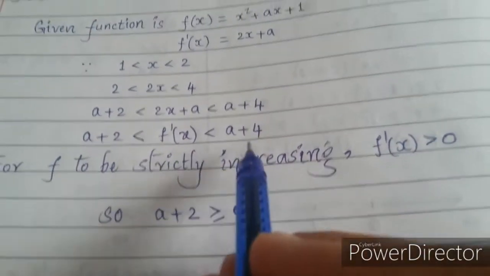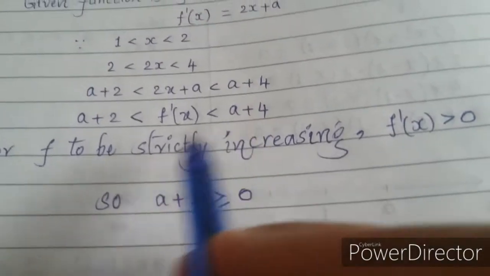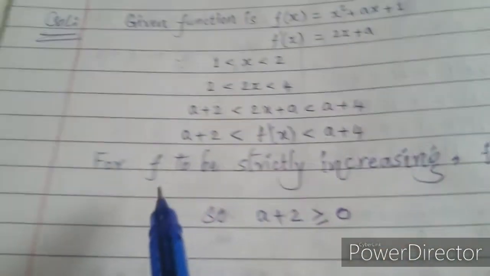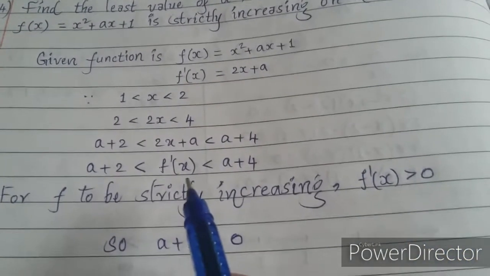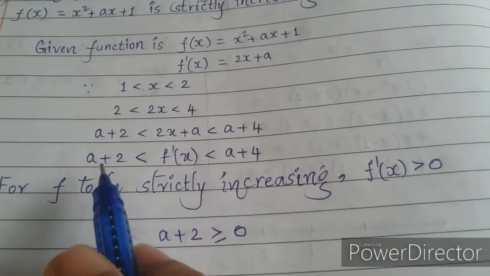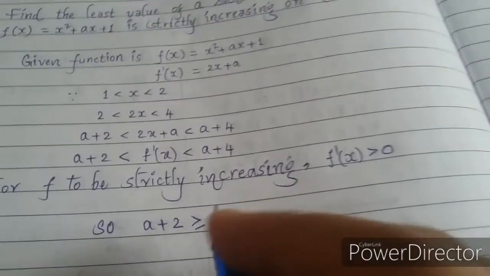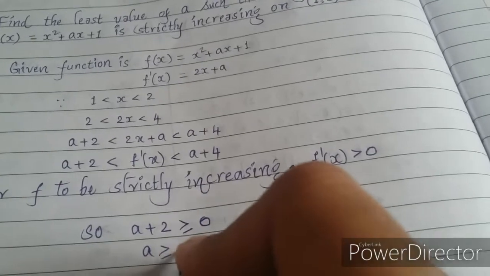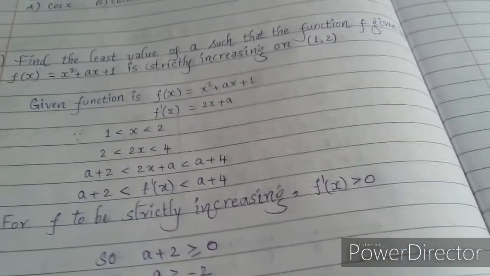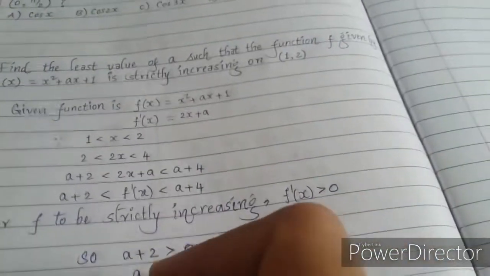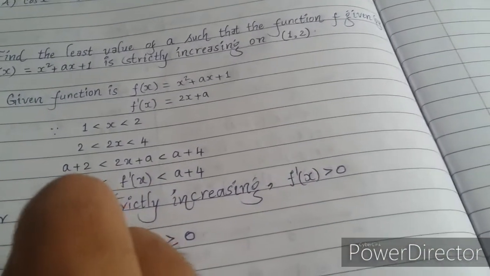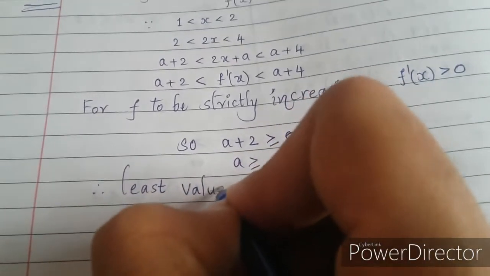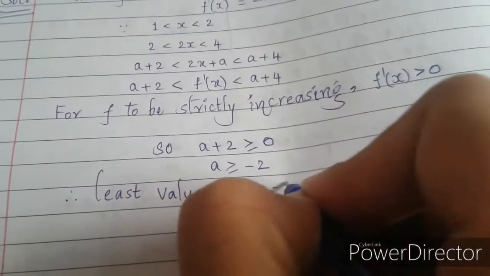For f to be a strictly increasing function, f dash x should be greater than 0. So a plus 2 will be greater than or equal to 0. Try to understand this one. A is greater than or equal to minus 2. Least value of a. Therefore, least value of a is equal to minus 2.